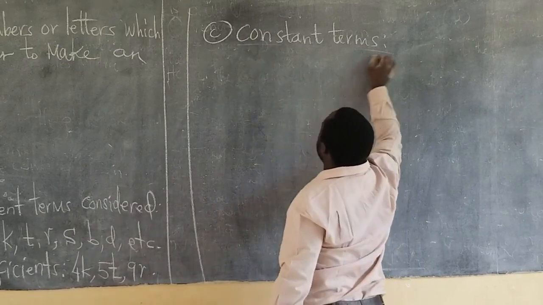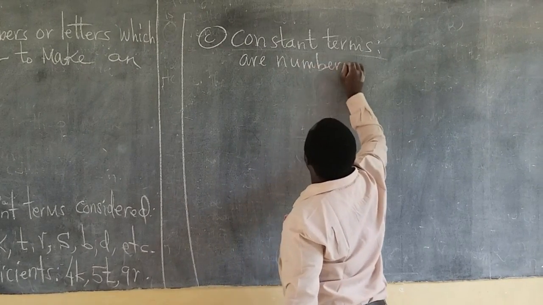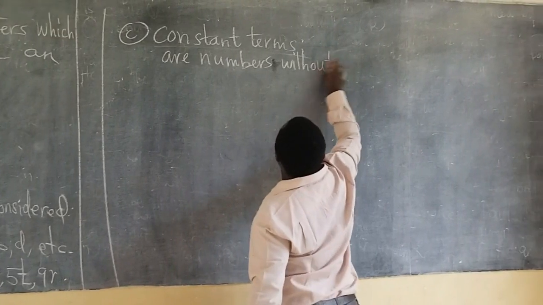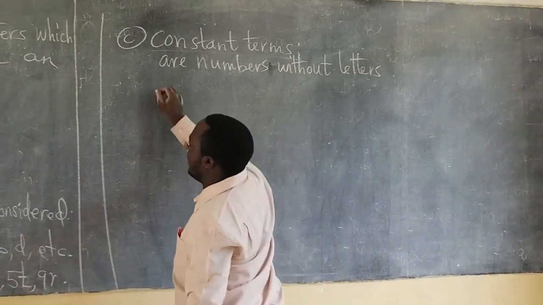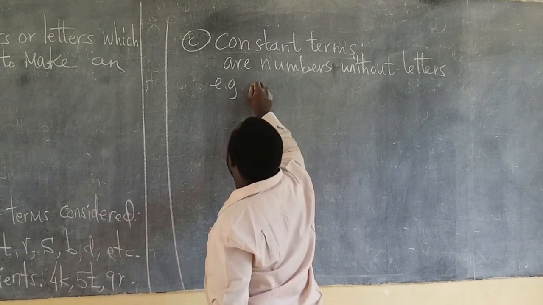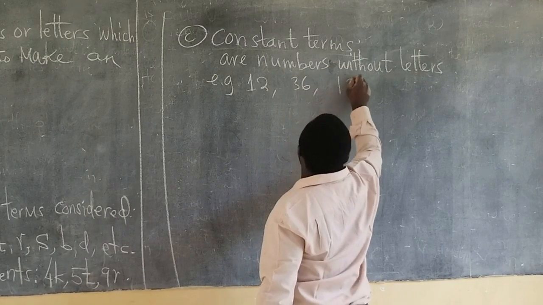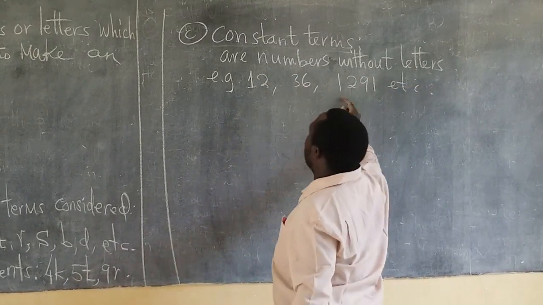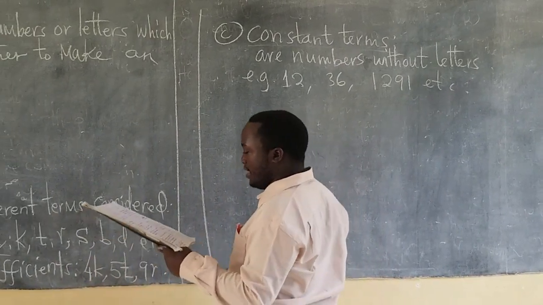Constant terms are numbers without letters. Example, 12, 36, 1291, etc. These are constant terms. We also use them as terms in forming expressions.